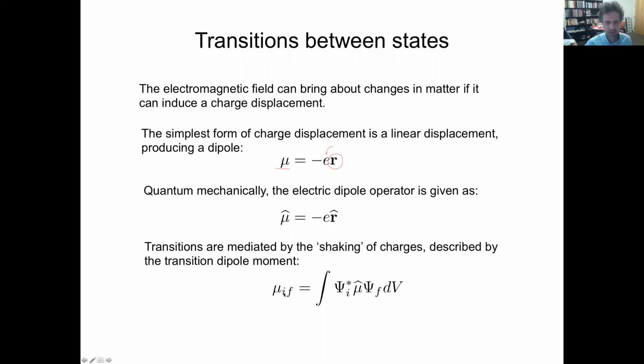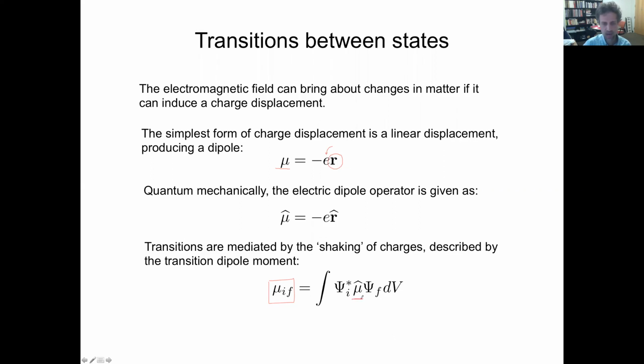Okay, so what I have here is an integral, and the magnitude of the integral is summarized by this symbol right here. It says mu_IF, where I indicates the initial state in which the electron sat, and F is the final state in which the electron sits after it has interacted with light. And this is what the integral is. Here we see the dipole operator.